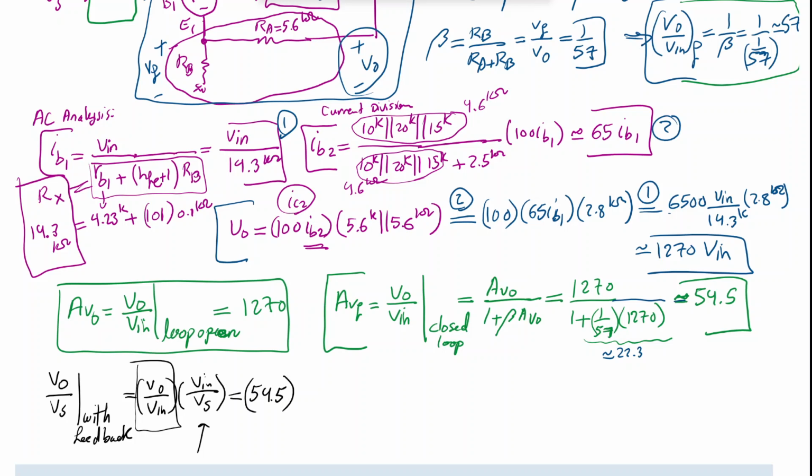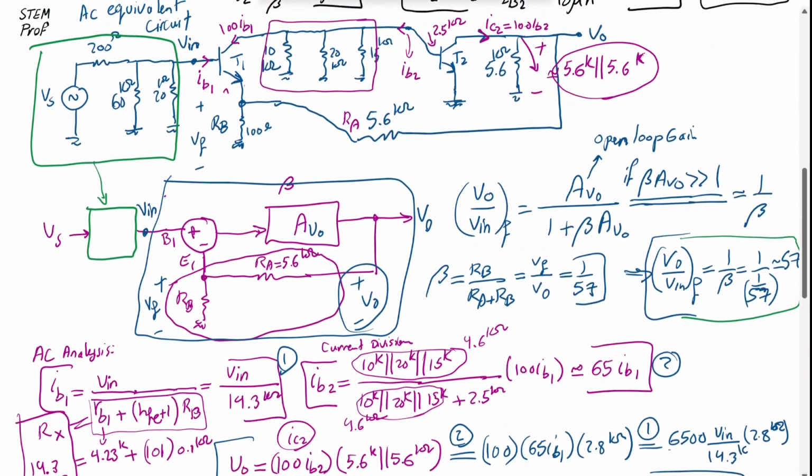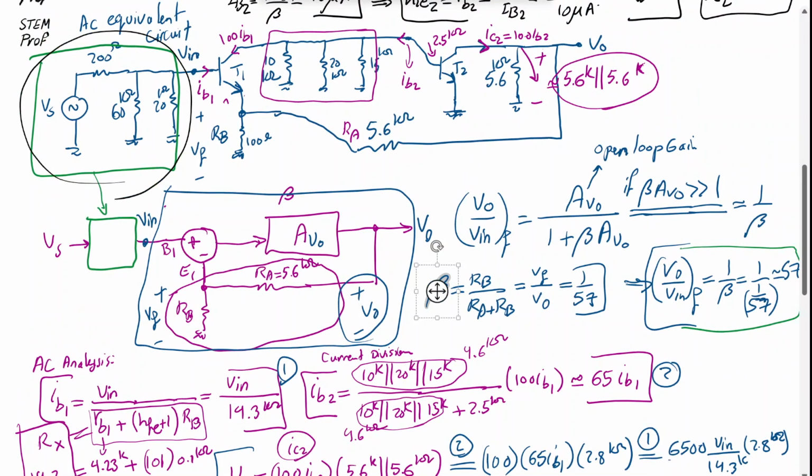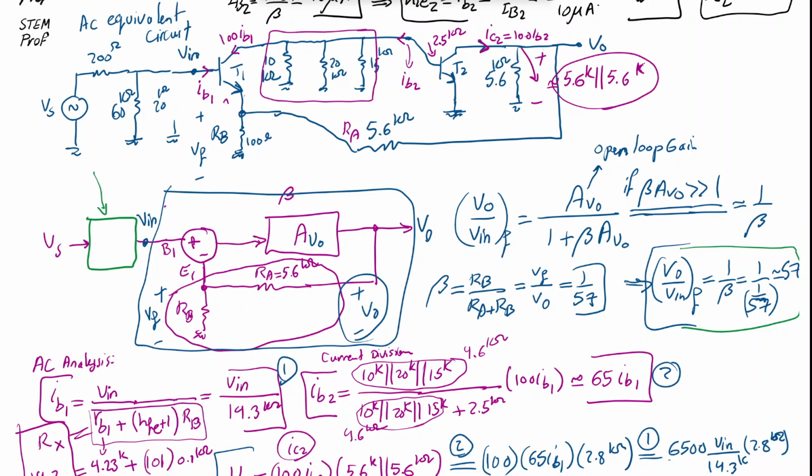And then we have Vin over Vs, which is simple voltage division. Basically we are dealing with the green network shown here. It is now a consideration of the Rx as we found in parallel with, say, 20 and 60K, and then voltage division with 200.